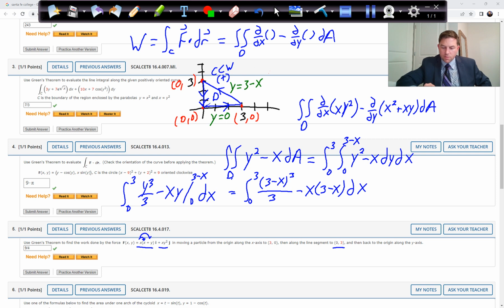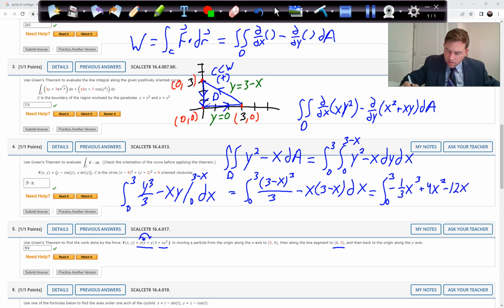If you do that, after you integrate and expand this, you should get the integral from 0 to 3 of minus 1/3 x cubed plus 4x squared minus 12x plus 9, dx.